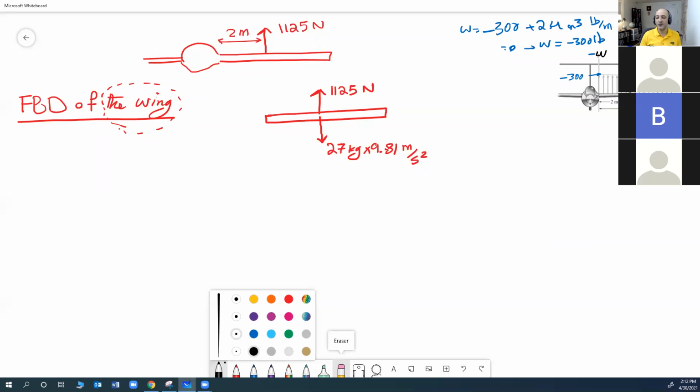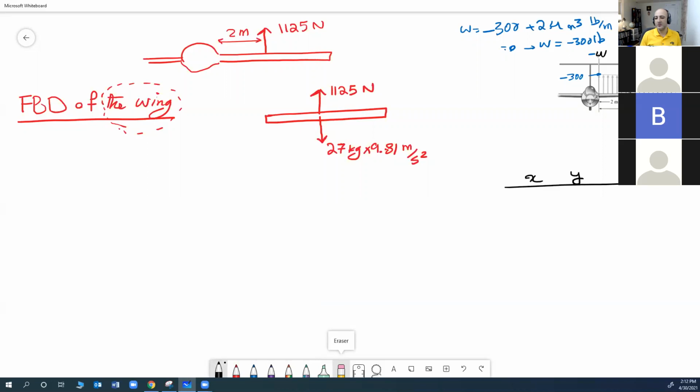Okay, so what type of reaction is R? What kind of support is point R? Fixed. It's a fixed support, right? Thank you. Fixed means it does not move in X, does not move in Y, does not rotate about M. I better not, otherwise you don't want to get on that airplane, right?